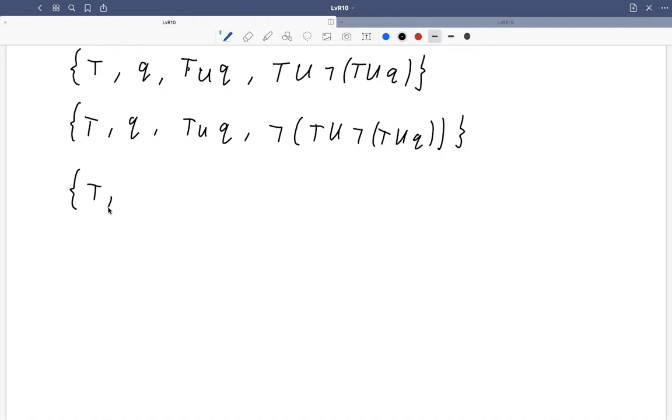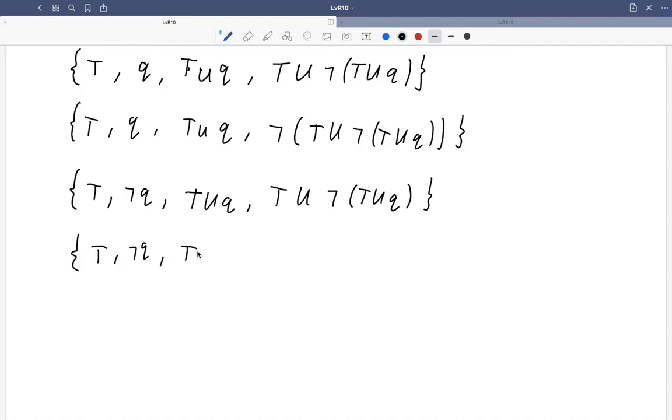So if we put true and not Q, well, we can still have true until Q. We're not forced to now, but we can still have true until Q. And then again, if we have true until Q, we can again have true until not true until Q. And we can have true, not Q, true until Q. And we can have the negation of the larger until again. Not true until Q.